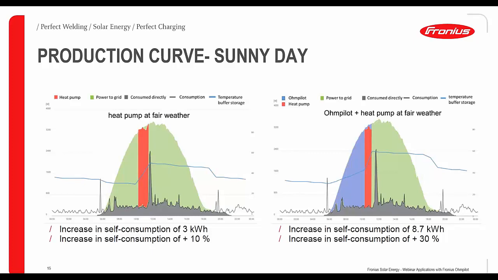On the right side, we now have the combination with the one-phase heating rod, and we can see there all the blue area is used by the Ohmpilot, so by the one-phase heating rod, and we have a higher increased self-consumption of about 30% or higher. So again, this would be a very good solution for increasing self-consumption and not feeding in the surplus energy.